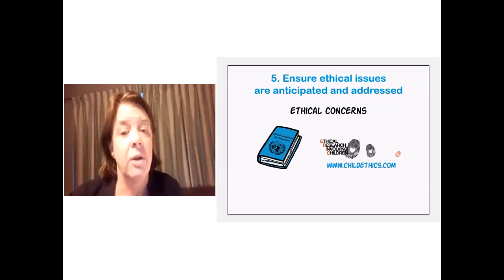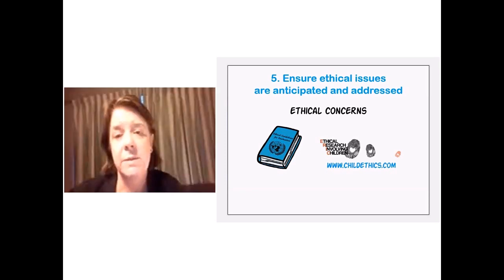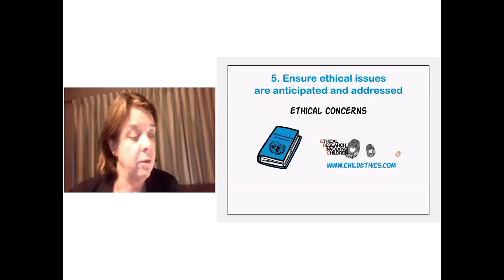You need to make sure that throughout all of this, the ethical issues are both anticipated and addressed. Many of the ethical issues that you would expect to come up, you should be able to anticipate, and there's a terrific site available for you on looking at these ethical issues.